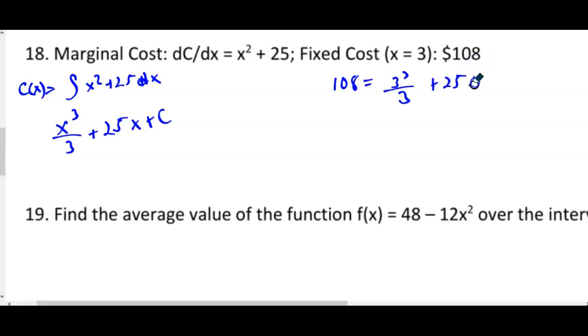25 times 3, sorry. And so that's 27 divided by 3 is 9. This right here is going to be 84 equals 108. And then we're going to subtract 84.